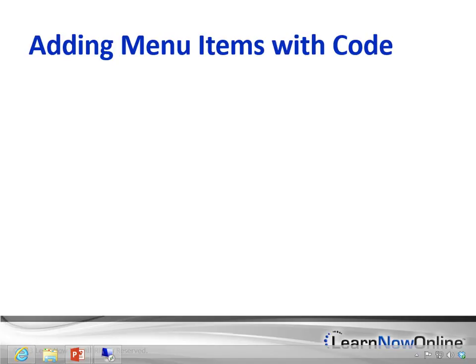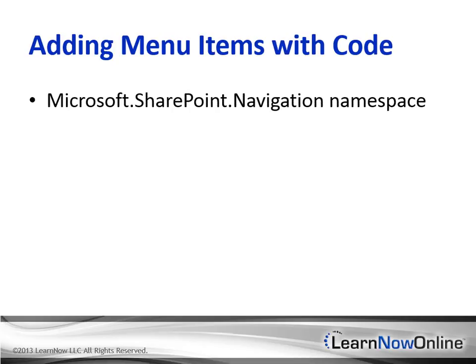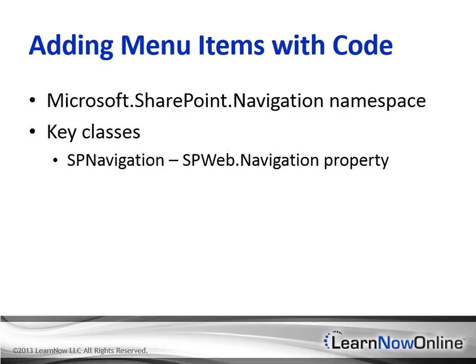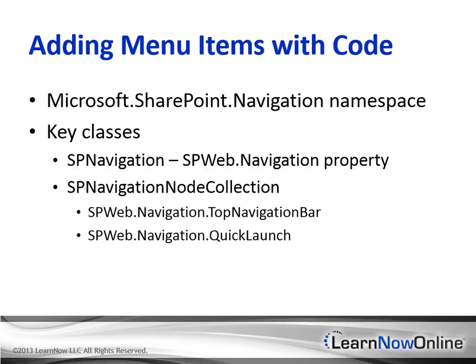So just like we added the menu items through the browser, we can also easily do that with code. And Microsoft gives us the Microsoft.SharePoint.Navigation namespace in the server object model. Key classes are the SPNavigation class, which is the navigation property off of the SPWeb, and then the SPNavigationNodeCollection. There are two properties off of SPWeb.Navigation that give us a really nice shortcut: the TopNavigationBar property, which returns that SPNavigationNodeCollection, as well as QuickLaunch.